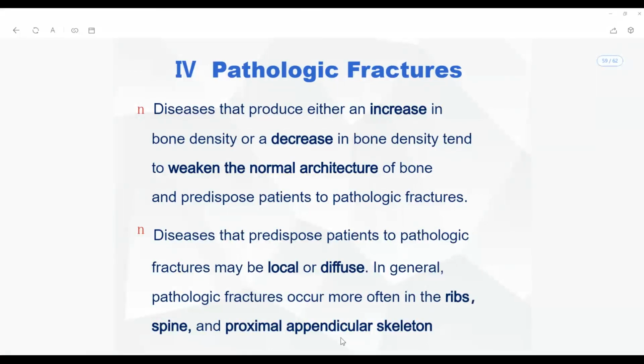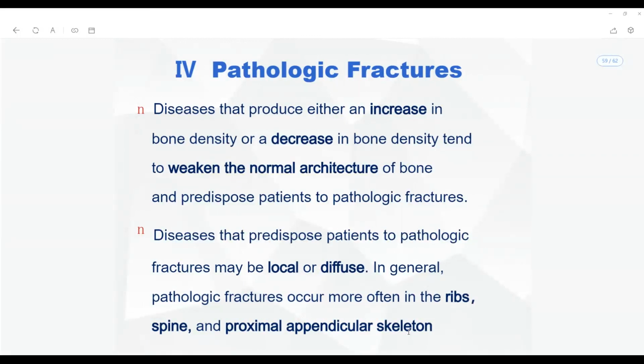Proximal appendicular skeleton in the sense you are talking about the humerus, or the upper limb completely. Or you are talking about the head of the femur. It is also proximal. Even though the limb is present distally, the femur is part of the upper leg, so we call it the proximal region.